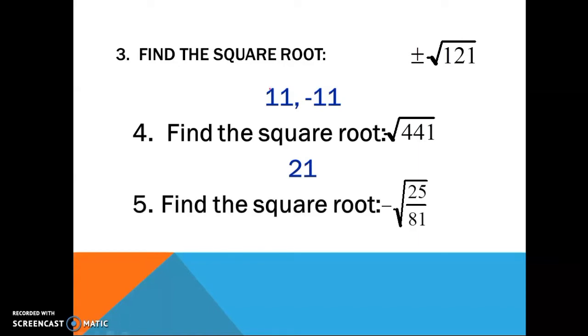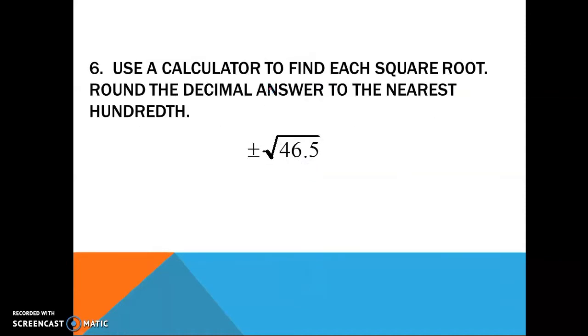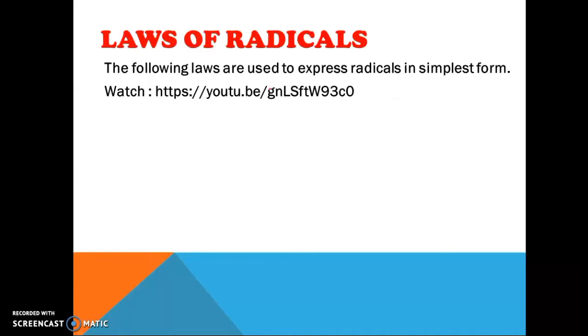And negative square root of 25 over 81, your answer would be negative 5 over 9. So, you may use your calculator to find this square root, positive, negative square root of 46.5. So, the answer would be 6.82, negative 6.82.